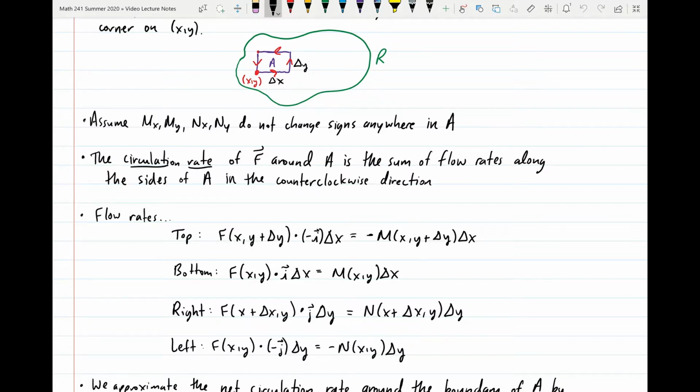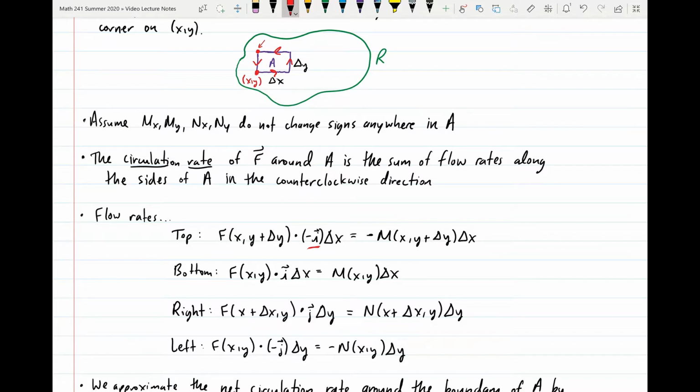And the intuition here, so as we're on the top of the boundary of our rectangle A here, we're moving in the direction minus i because we're moving exactly to the left in the negative x direction. And that's why this dot minus i is showing up here. And this F of (x, y plus delta y) is this other red point up here. There we go. So I can draw an arrow there. That's the point that we are evaluating the vector field at.